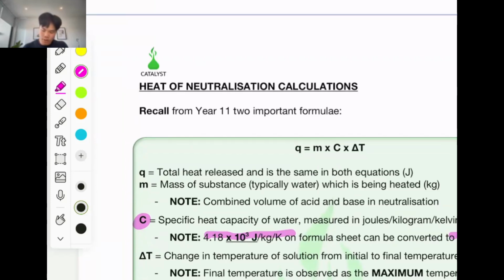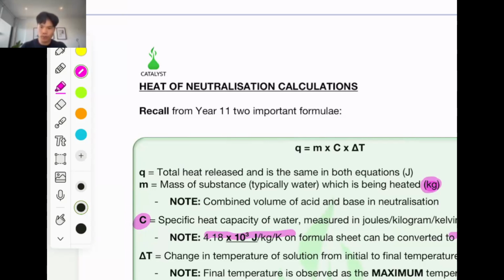And same thing with your mass. You want it to match your c. So if you're going to pick the version of c where it's kilograms, which usually is, and I would do it this way if I was you, to minimize the number of moving parts, your mass then has to be in kilograms. Or if you use the version of c, which I don't recommend, where you use it in terms of grams, then your m is going to be in terms of grams.